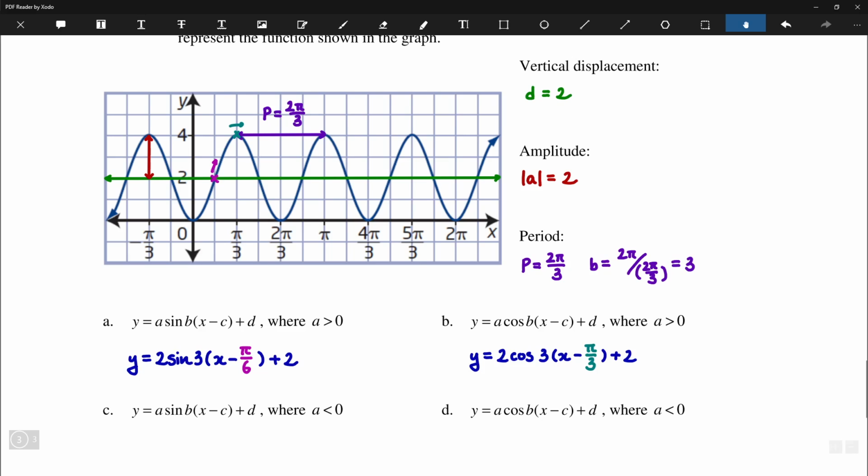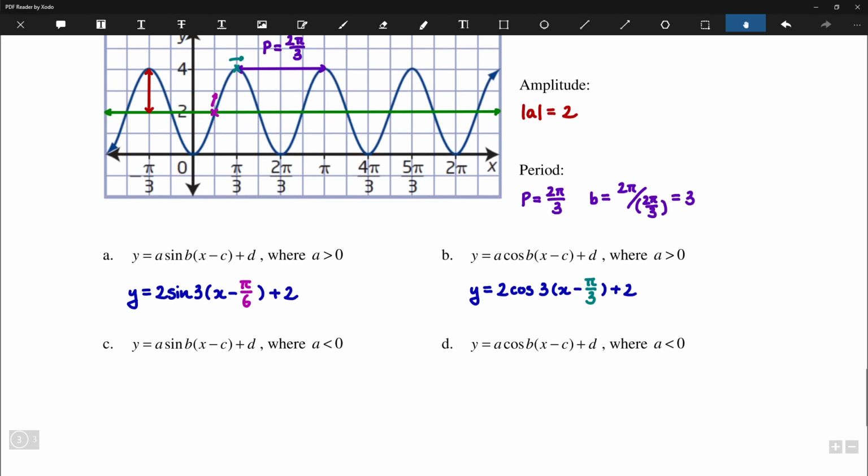Okay, next up is a bit of a tricky one, the negative sine function. The negative sine function will actually start at the midline and then move downwards. So that's negative 2 sine 3, and then x minus, and then we don't know yet, and then plus 2.